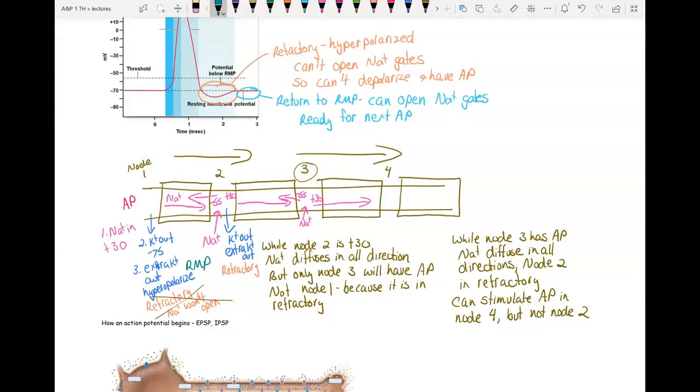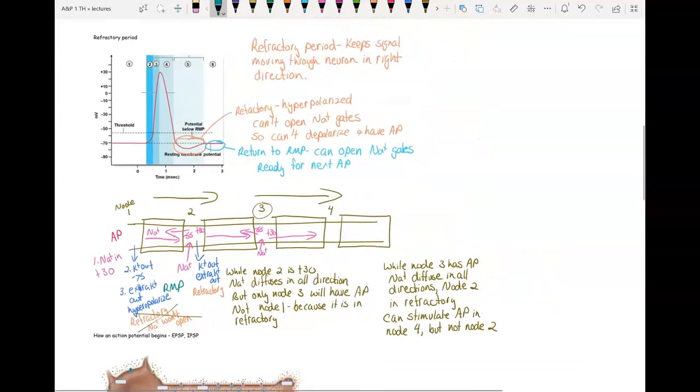But you're too far away for that sodium to diffuse all the way back to node 1 and stimulate another action potential. So refractory periods are very important at keeping the signal moving in the right direction. And they work because that hyperpolarized state does not allow sodium gates to open.